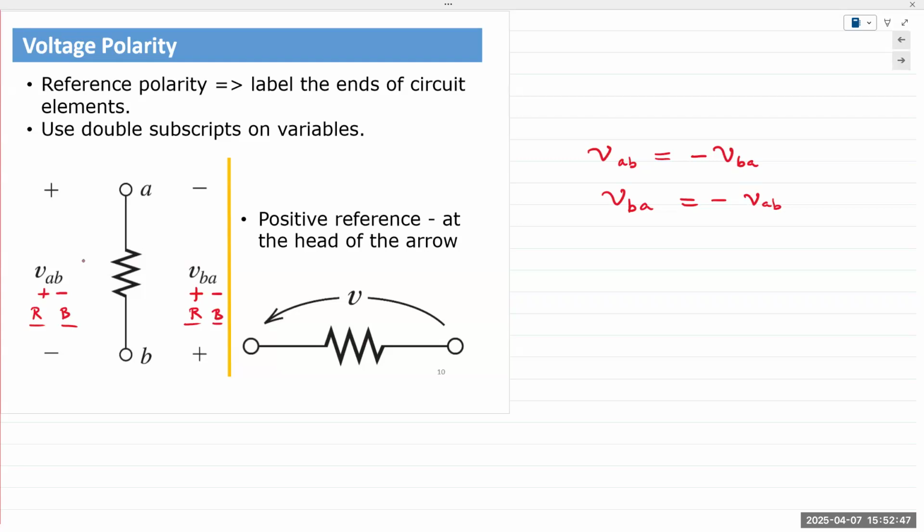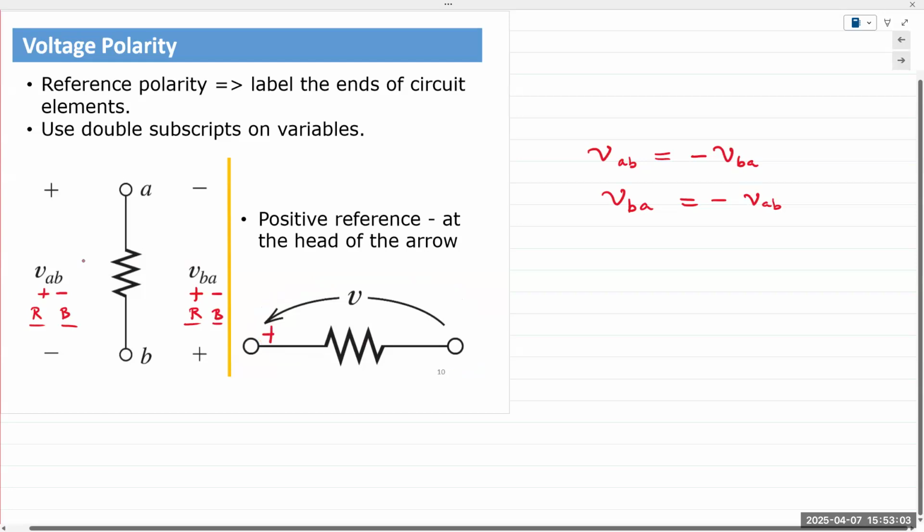That's the difference. And then sometimes, well, actually, I have not seen something like this in a long time. But if you do come across a notation that looks like this, a single-headed arrow, that means plus here and minus here.